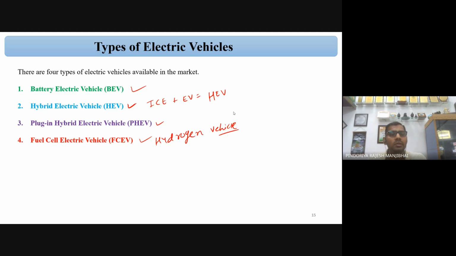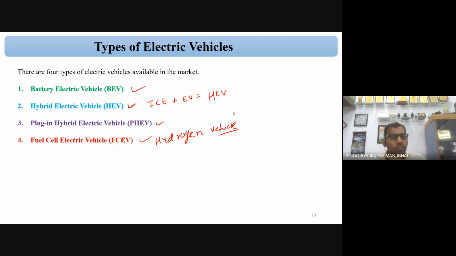So generally we have a total of 4 types of electric vehicles in the market. First one is a 100% battery operated electric vehicle. Second one is a hybrid, so we can say the ICE plus EV. Third one, there is a plug-in hybrid electric vehicle. Here we have to use the external power supply to charge our battery. And last one, there is a fuel cell electric vehicle.